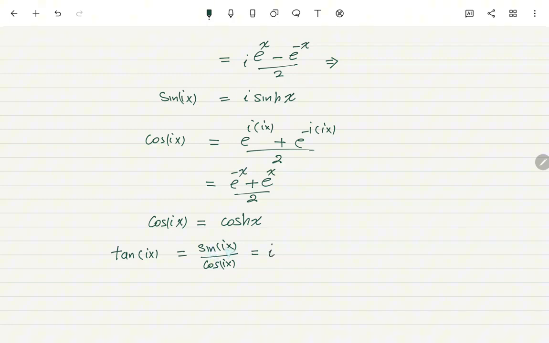Remember sine ix equals i sine hyperbolic x, divided by cosine ix, which we just calculated is cosine hyperbolic x, and therefore tan ix is equal to i tan hyperbolic x.